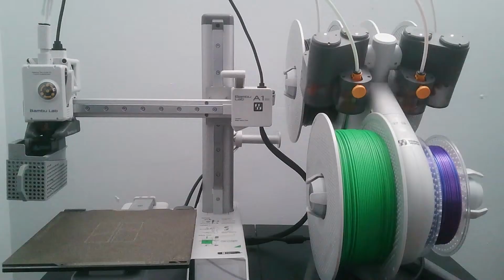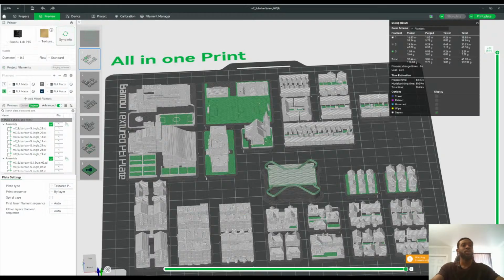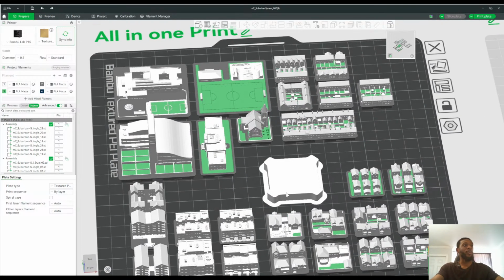You must understand the basics of CAD and the basics of 3D modeling. I told you about two software programs that you can use. One is Tinkercad, and another is Inventor, which is a more advanced software. And for slicing, you can always use Bambu Studio if you need slicing software.